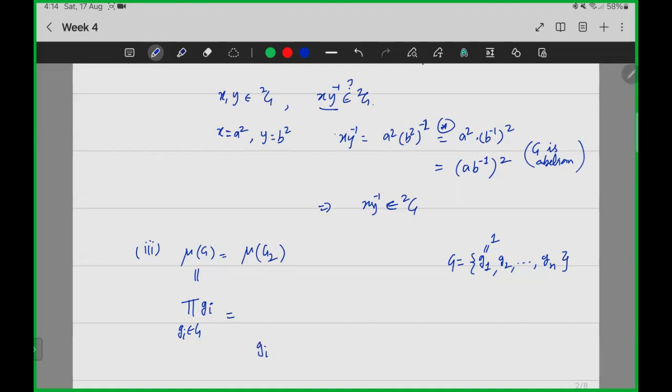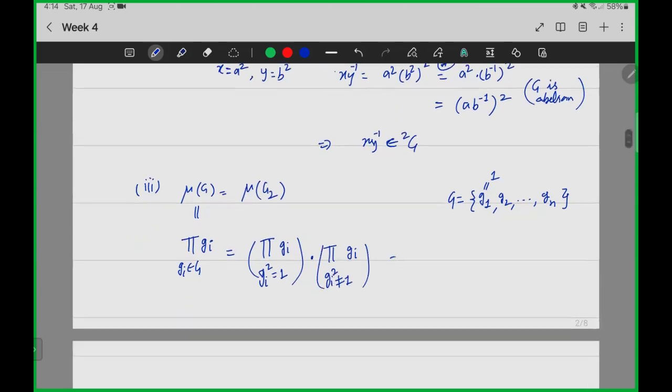This product can be factored into two products: the product of gi's where gi square is equal to 1, into the product of those gi's where gi square is not equal to 1. Yes, the second product will be equal to 1. Do you see why?